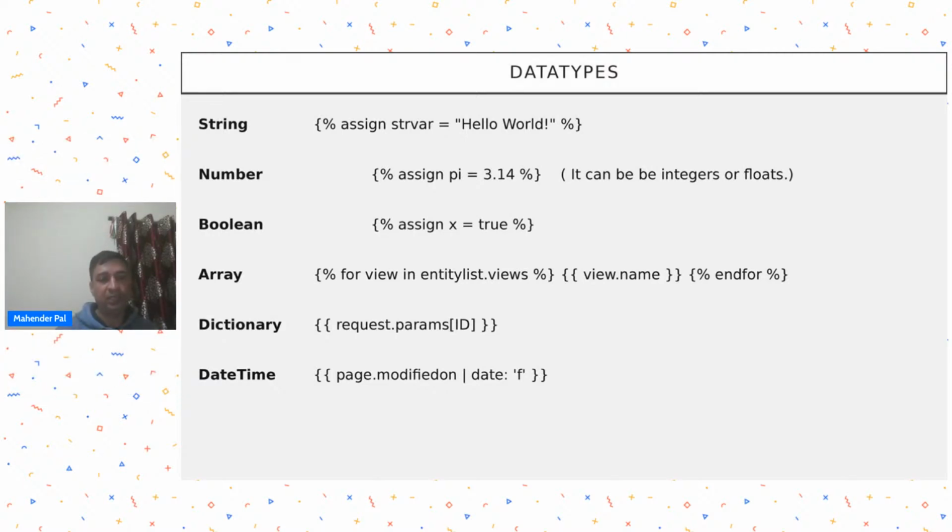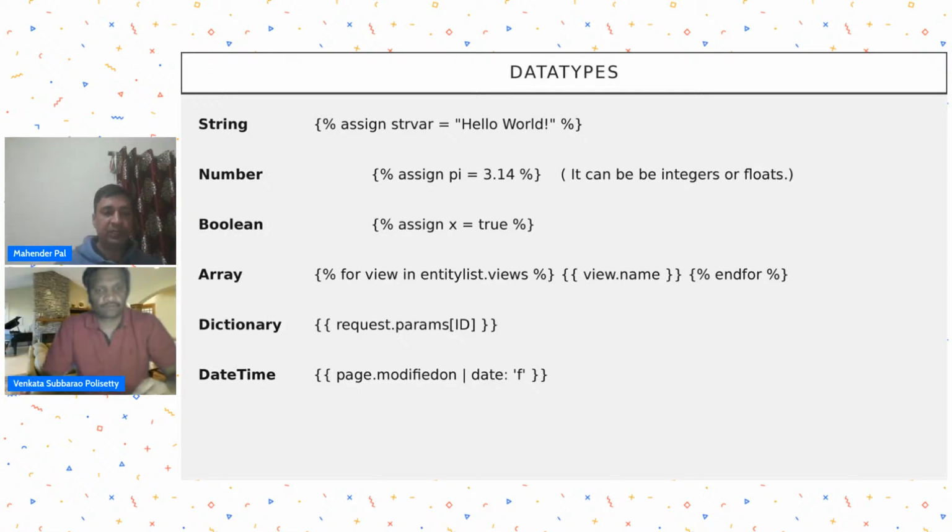And then another data type is date and time. When you want to display a date, or perform some modification or logic using date time, then we use this. Here there is a kind of separation, where we tell what the format of the date will be when we are fetching it.